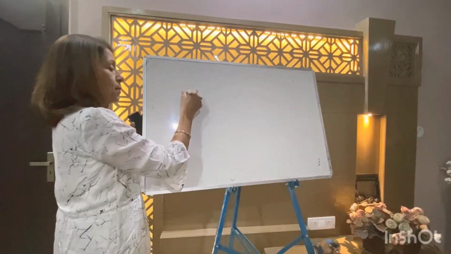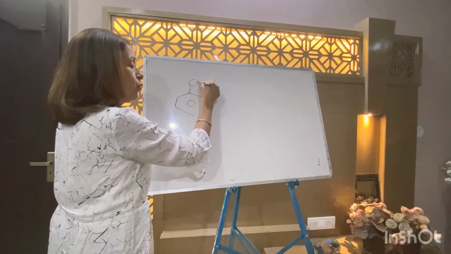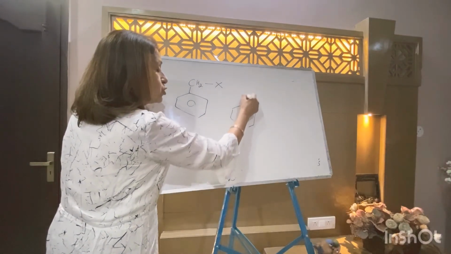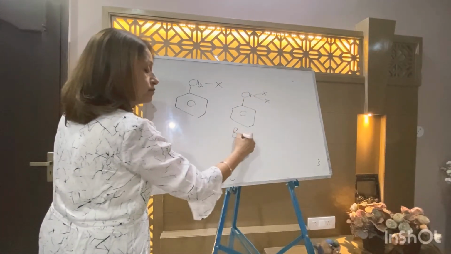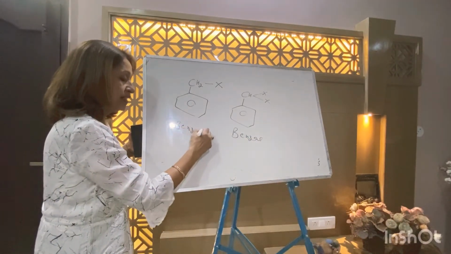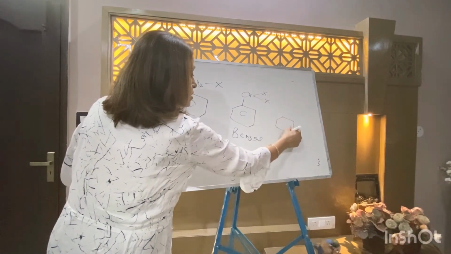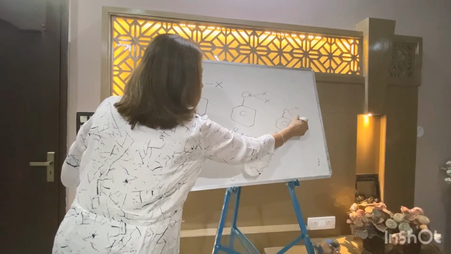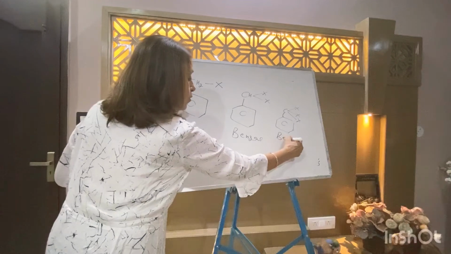Next is benzene linked with the CH2. I told you just now it's a benzyl. If CH and 2 functional groups, benzal. And the last is, if it is only C and 3 functional groups are there to complete the valency of the carbon, it's a benzo compound.